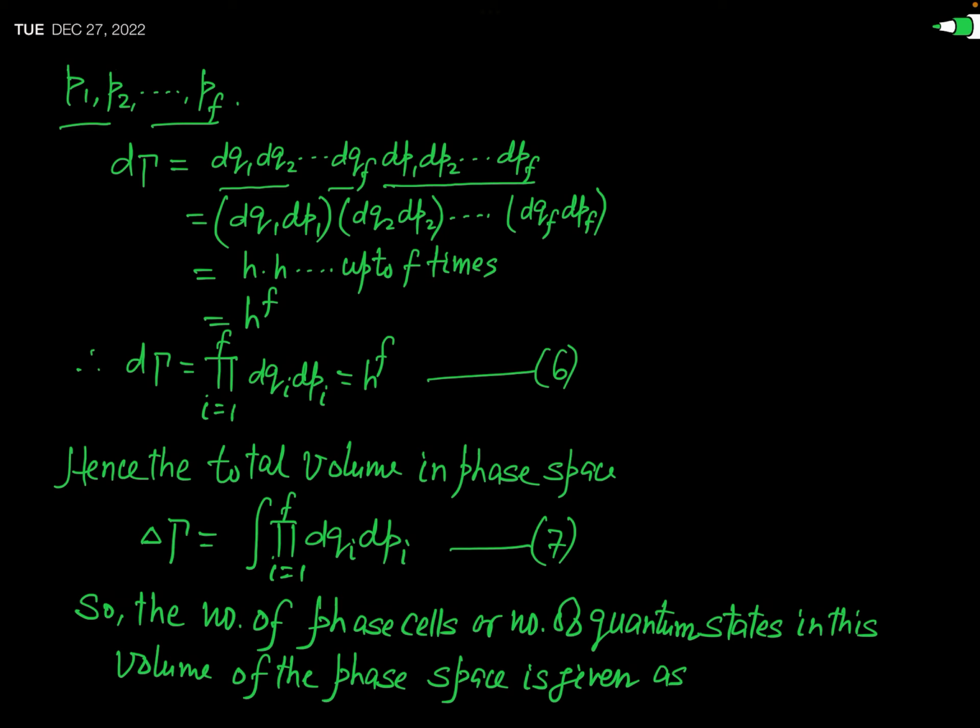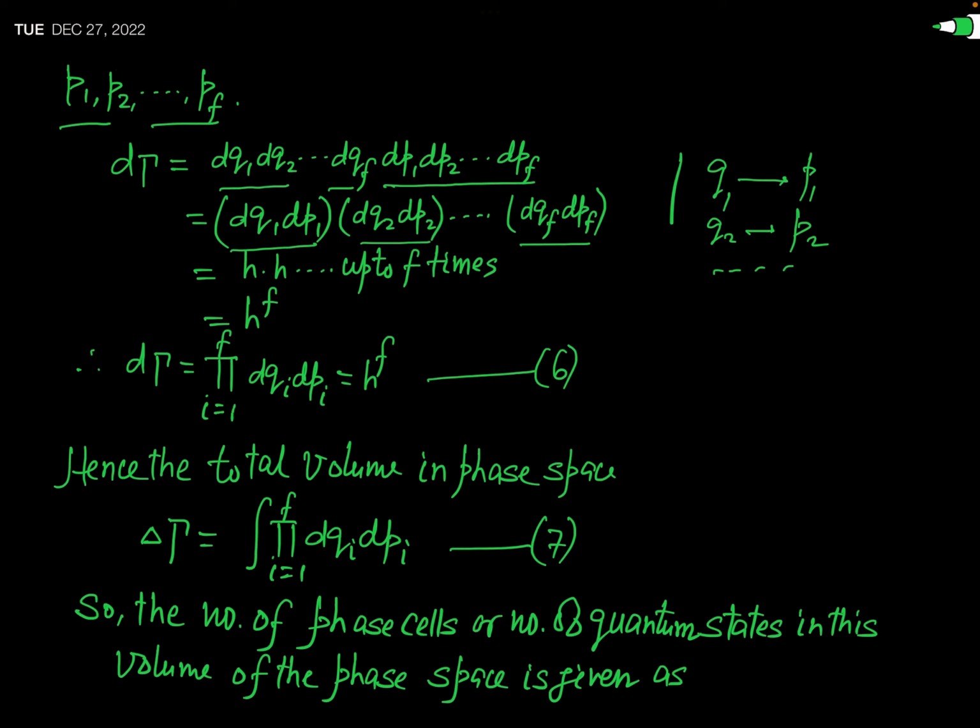Now arrange the terms on the right-hand side in this manner: dq1 dp1 times dq2 dp2, and so on, up to dqf dpf. If q1 is the position coordinate, its conjugate momentum is p1; for the position coordinate q2, the conjugate momentum is p2, and so on.